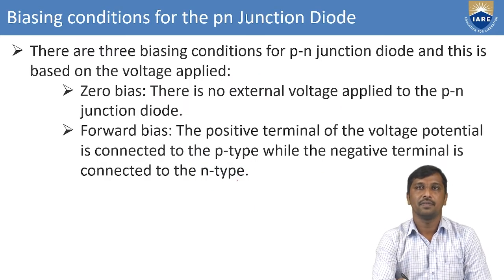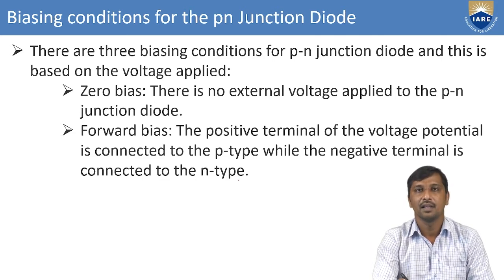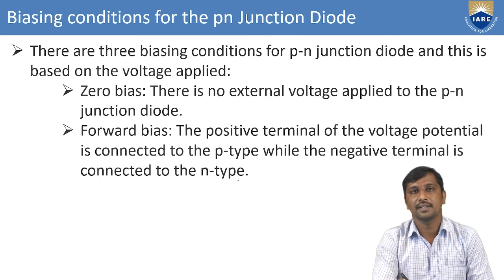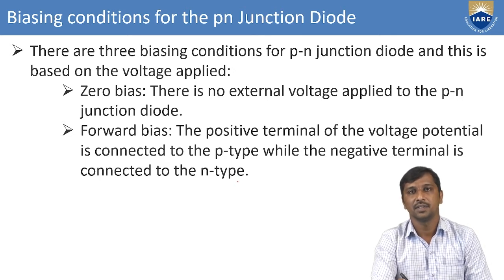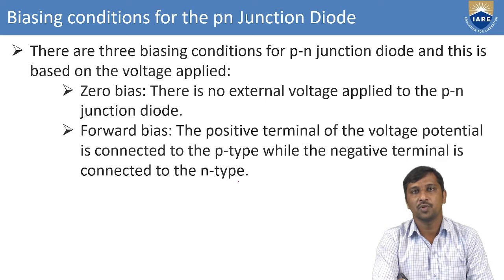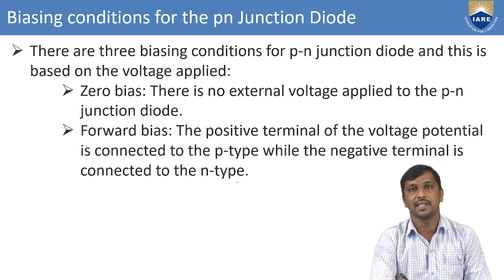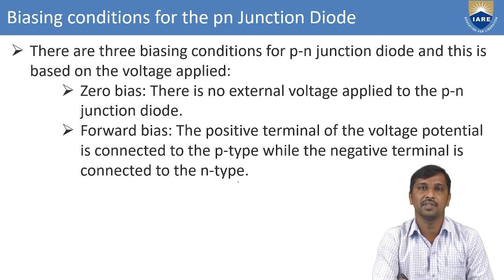Now we are going to observe what biasing is and how to identify the characteristics of this PN junction. Up to this point, we observed what the P-type material and N-type material are, and how we can form the PN junction.